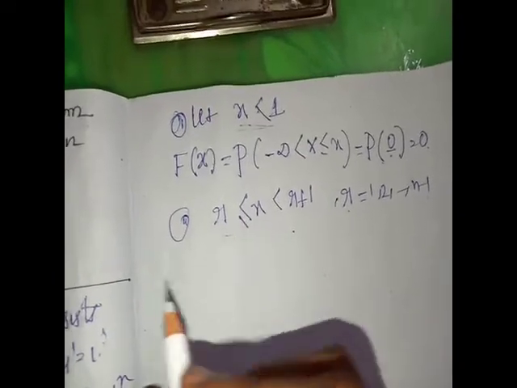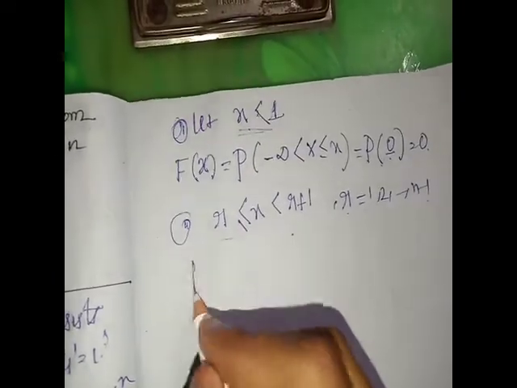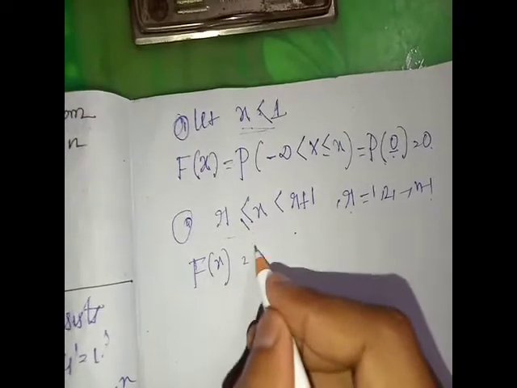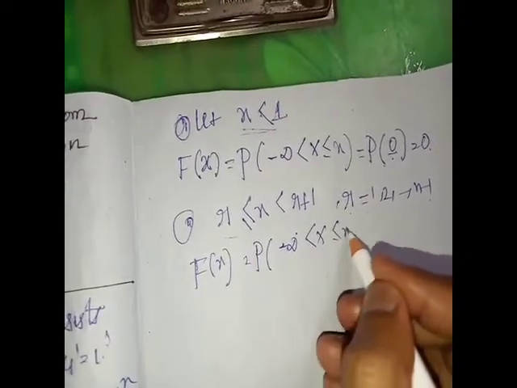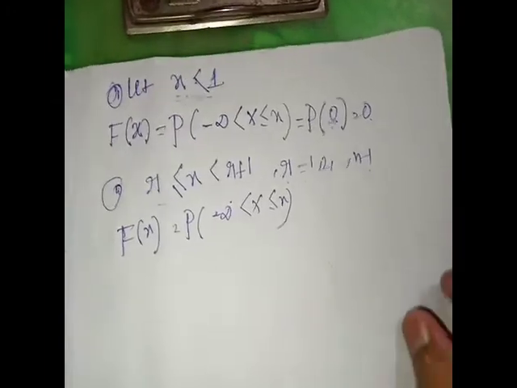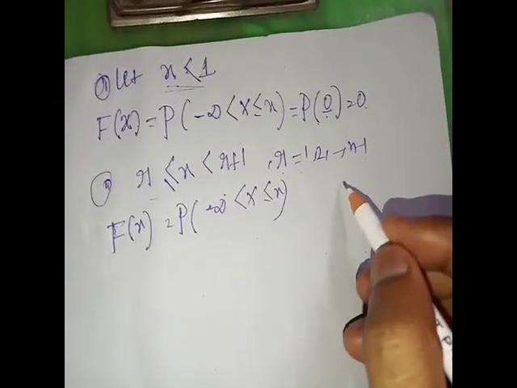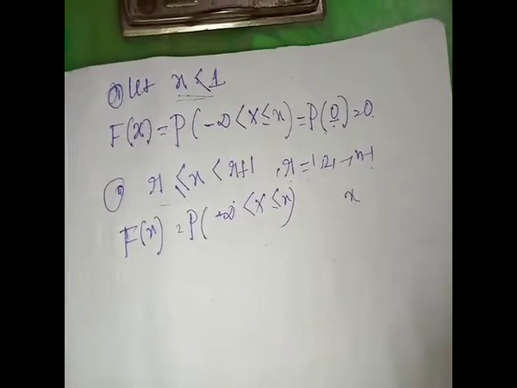In this case, the distribution function is F of x equal to the probability of X less than or equal to x.